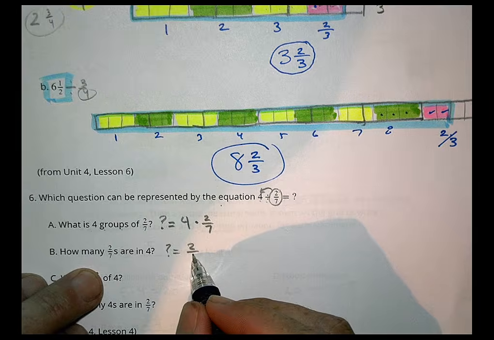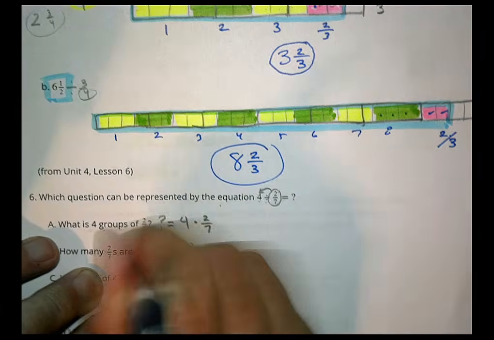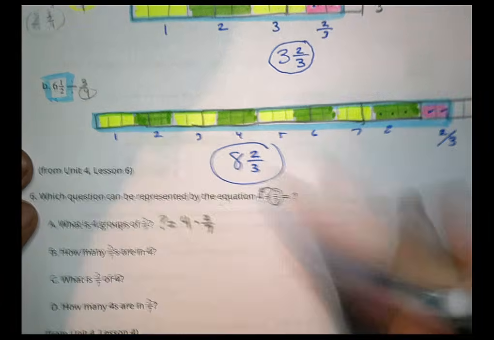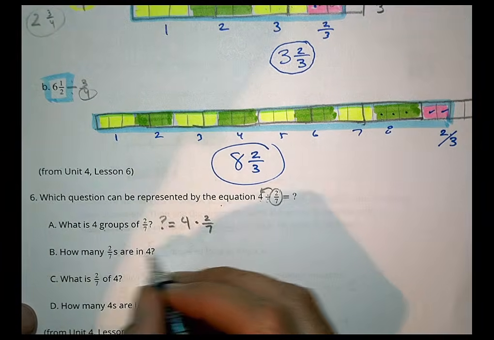I should write it like this: how many 2/7 are in 4? So this one here is actually correct. How many 2/7 are in 4?